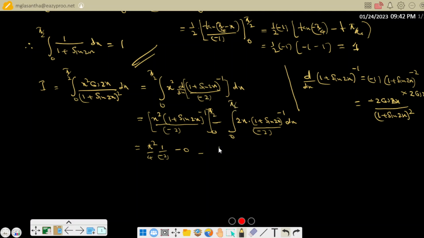So this equals plus the integral from 0 to pi by 2 of x over (1 plus sine 2x) dx.